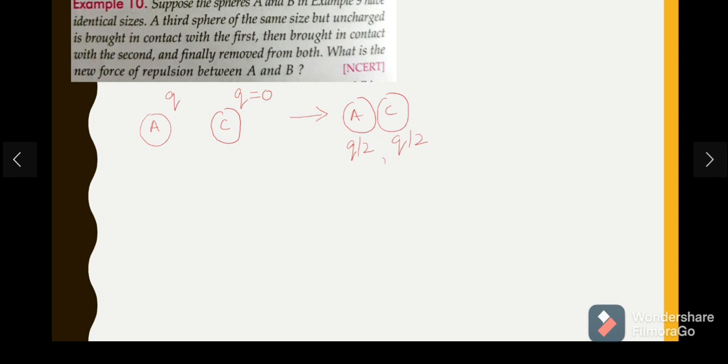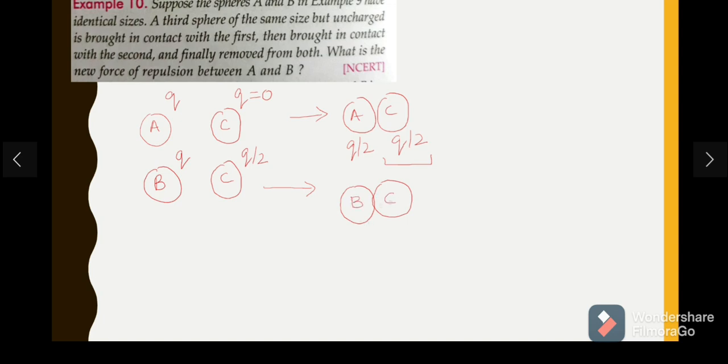Now sphere C is removed from here and it is touched to the sphere B, which is having charge Q. So now this is having charge Q by 2. Earlier it was having charge 0. Now again a redistribution will take place because they ought to have equal amount of charges when they are in contact with each other.